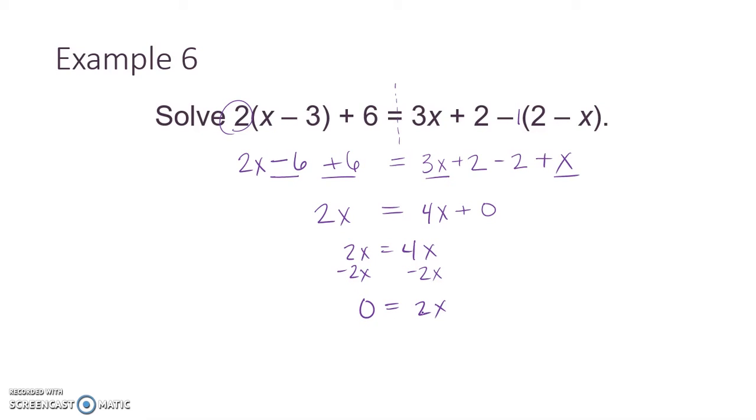So this is perfectly acceptable. Sometimes you'll move over your variable and you'll have nothing left over here, and then you just call it 0. And now we'll just finish solving. So we have to get our x all by itself, so we're going to divide by 2 on each side. So we just have 0 equals x, or we should always flip it around and say x is equal to 0. And that will be our final answer.